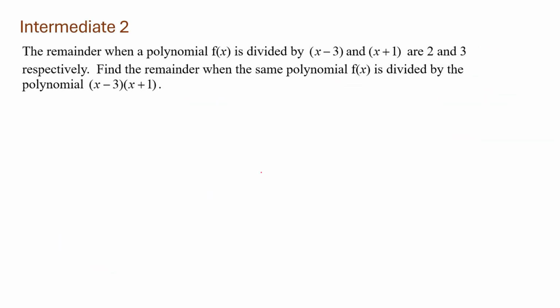Right, let's look at another intermediate question. In this question, you're given a polynomial, and when it's divided by x minus 3 and x plus 1, the remainders are 2 and 3 respectively. We are asked to find the remainder when the same polynomial is divided by another polynomial. So let's write down what you're given.